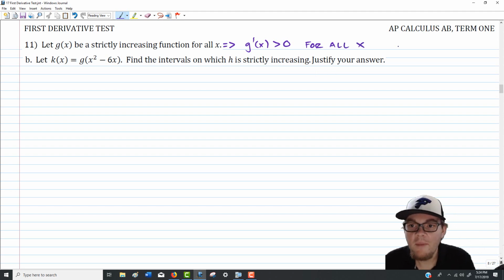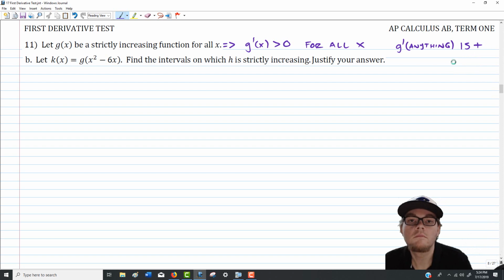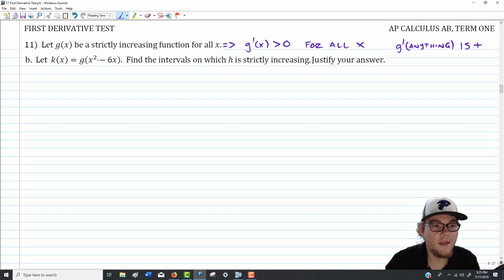In a sense, it means that g prime of anything, doesn't matter what you put in there, you can put in g prime of Cookie Monster, and g prime is, or sorry, I should write it as g prime of anything is positive. So any number you put in there, anything's fine. I guess Cookie Monster's not a number, but you know, it's been a while since I watched Sesame Street, so who knows. So the important thing is g prime of something is positive, no matter what we put in there. So keep that in mind now.